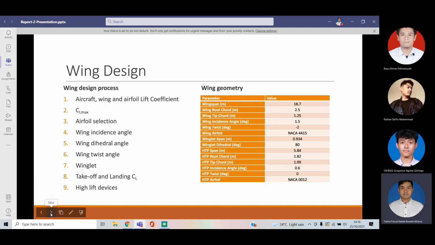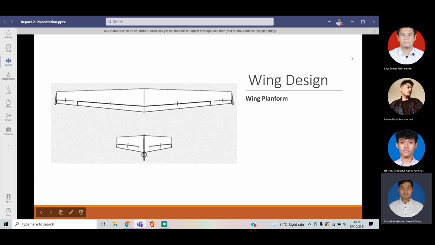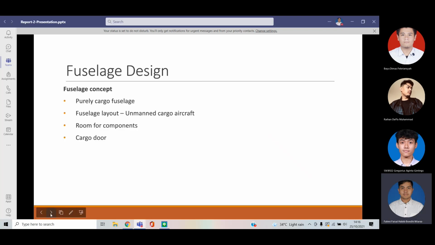And then with the winglet, we can obtain lower drag due to the additional winglet. And then these are our wing design, the wing planform for the main wing and the horizontal tailplane. The next part will be presented by Bayu.